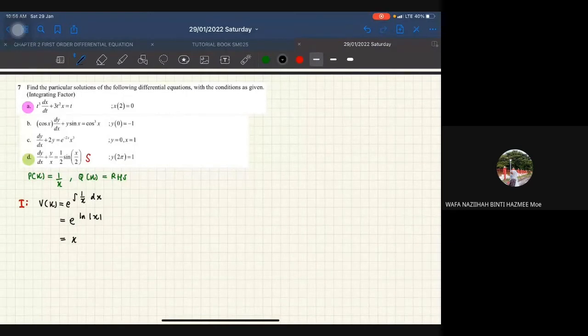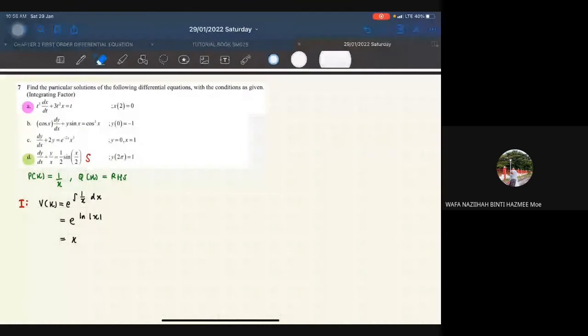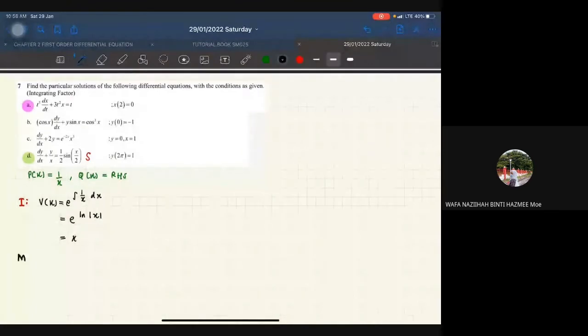So we move on to M. M is multiplication. Okay, so awak berpegang kepada so multiplication. So awak akan multiply awak punya integrating factor into every term that you have in your standard form.